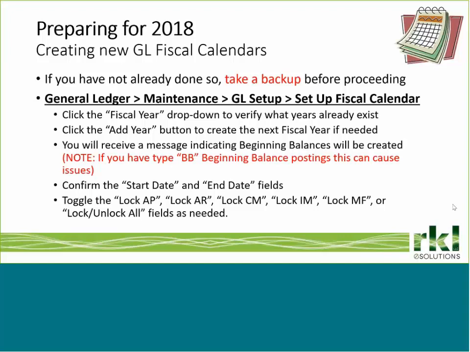So if I have, let's say, February of 2018 through the end of December 2018 as locked for all modules, that means anyone can go in and enter data for January 2018 right now, but if they try to post anything for February 2018 or later, they'll get an error message that the period is locked and they won't be able to proceed with posting that batch.